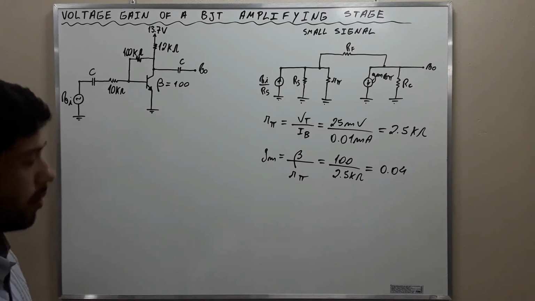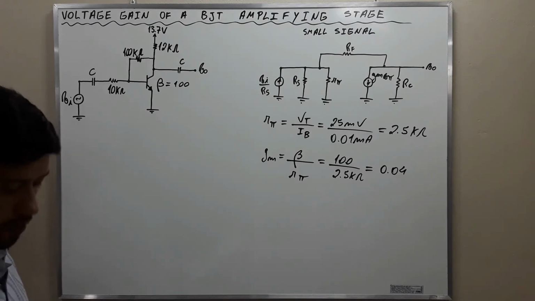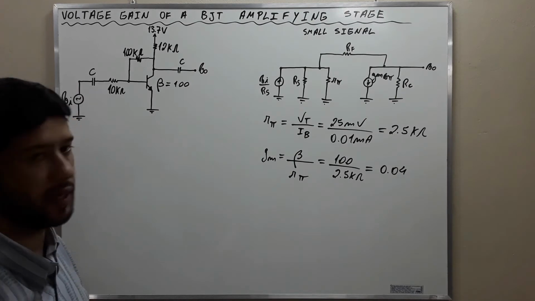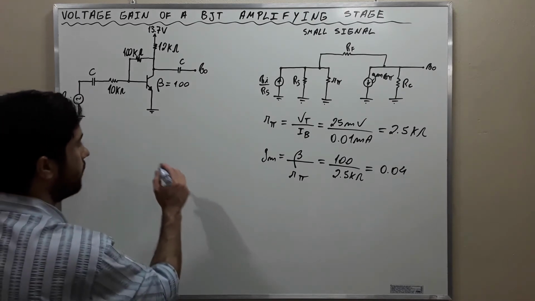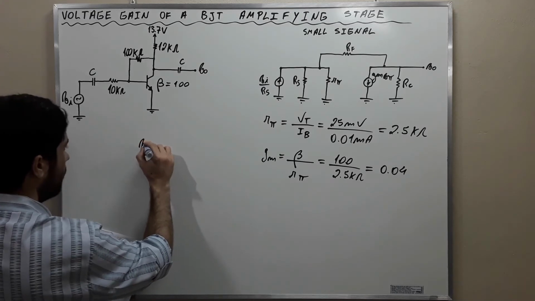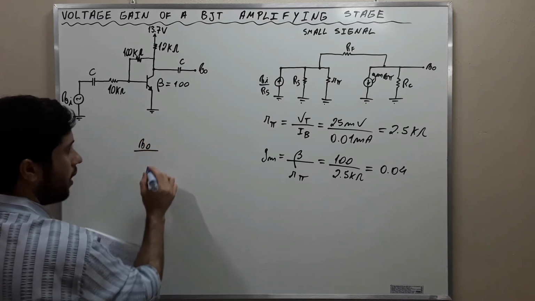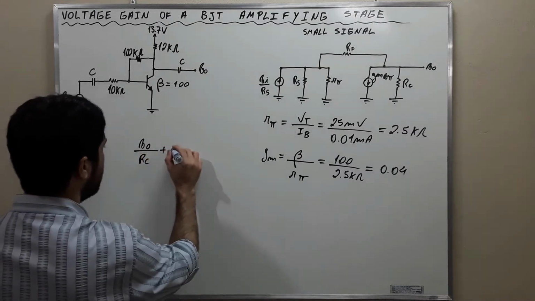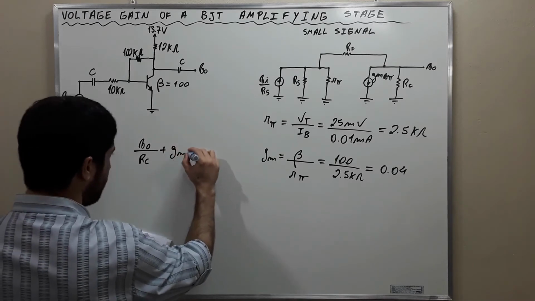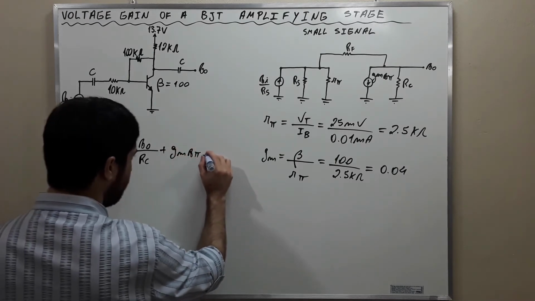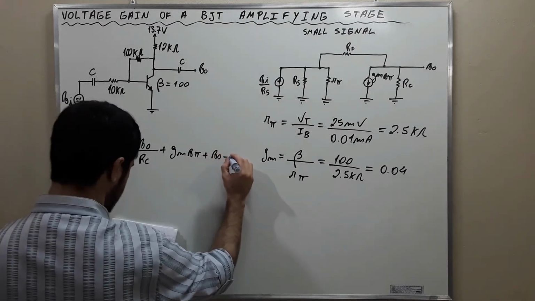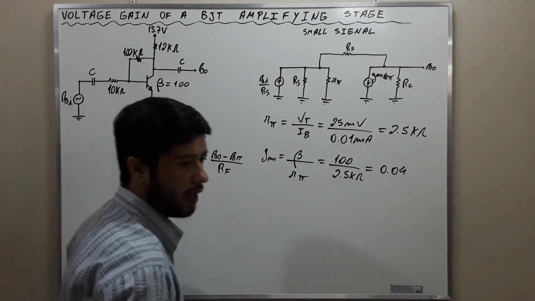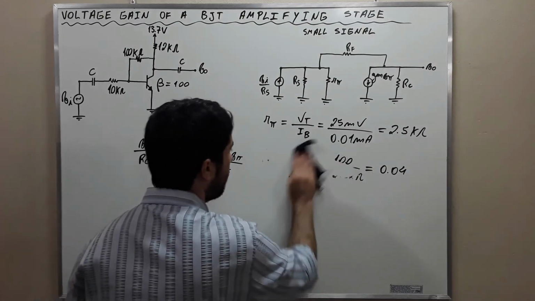And now we are going to apply KCL at the output node. Okay, we're going to apply KCL, and then we get that V0 over RC plus GM V pi plus V0 minus V pi divided by RF has got to be equal to 0, okay?